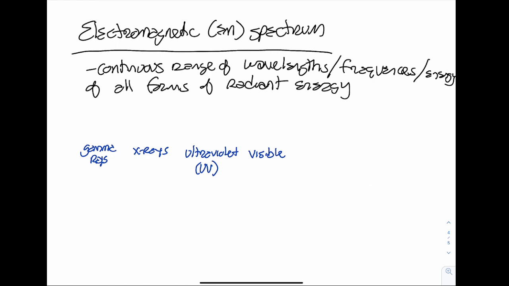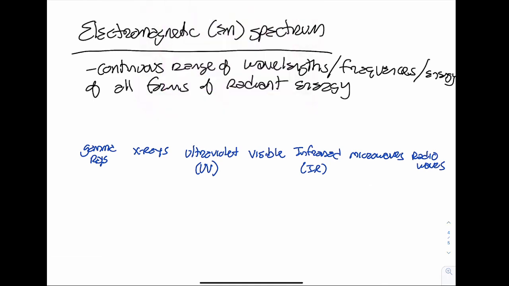The visible spectrum is about 400 to 700 nanometers for the wavelength. Infrared, so IR, you have those night vision glasses. Microwaves, yes, microwaves run on microwaves. And then radio waves, kind of running out of room here. So gamma rays at one end, radio waves at the other.